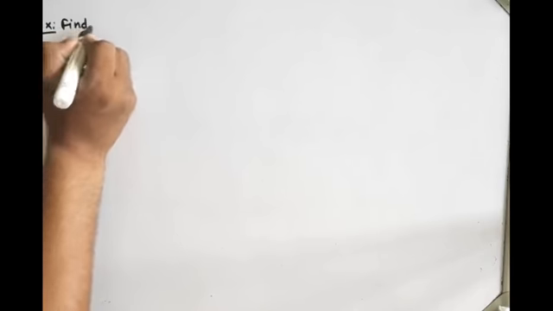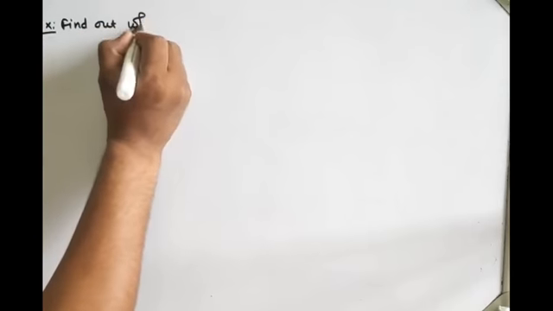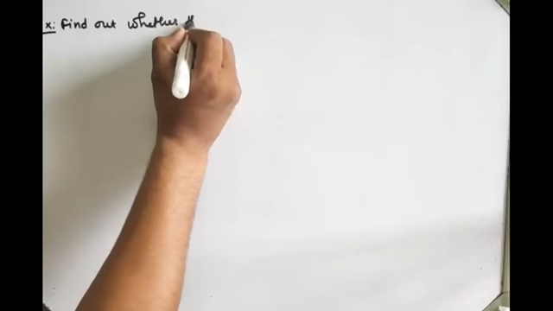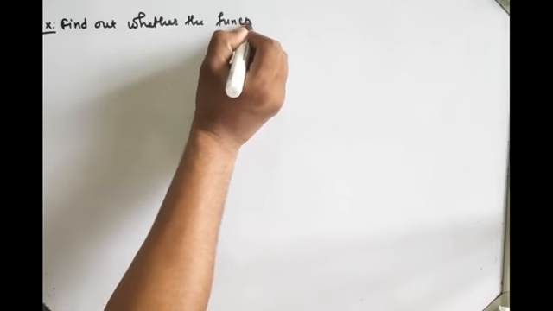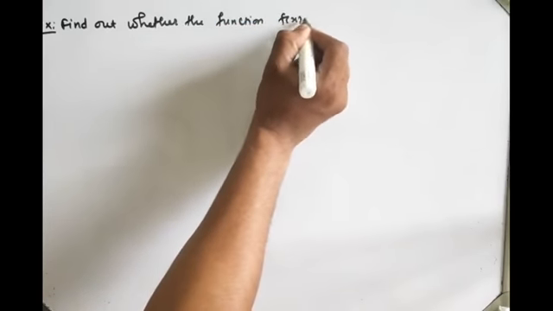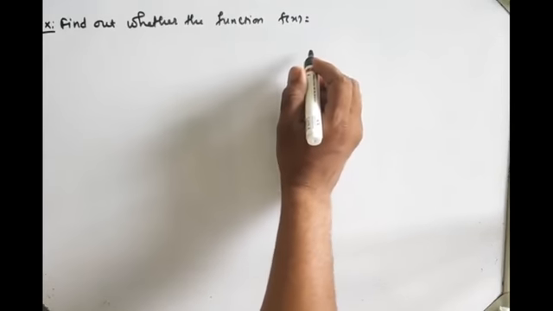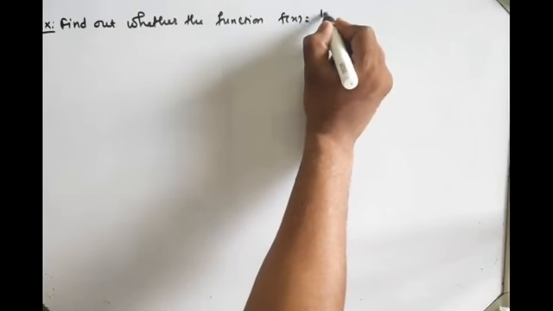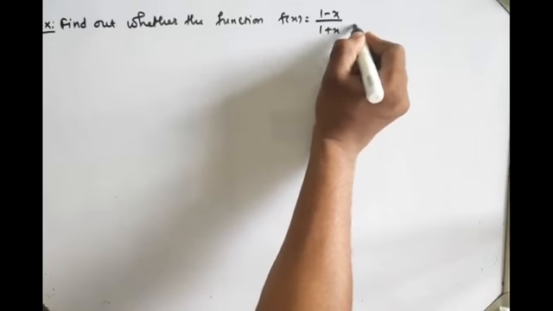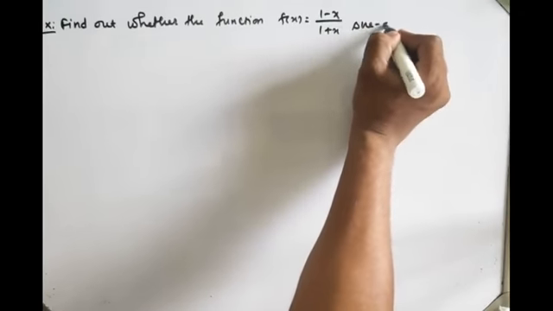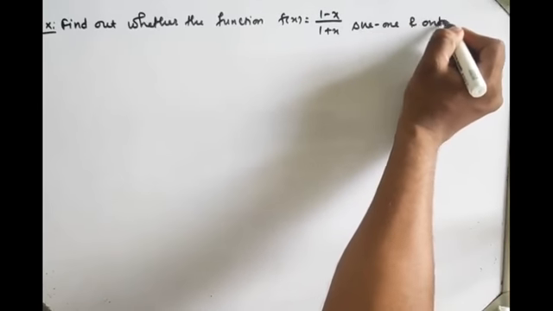Now we will see some examples from the exercise. Let's see whether the function f of x is equal to 1 minus x upon 1 plus x is 1-1 and onto.